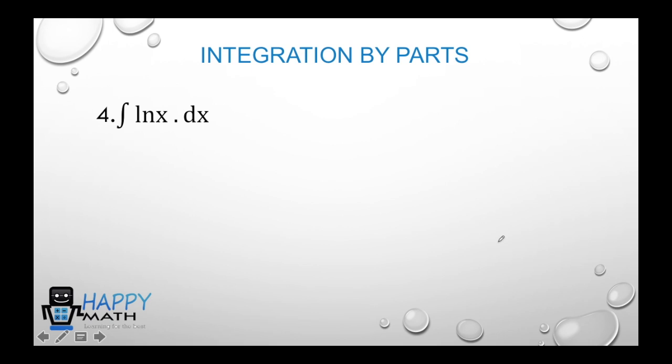Example 4, very easy to count. Now I don't need to change. I don't need to find another function because it's quite easier to see. Logarithm of x and dx are the two main functions, and apply integration by parts immediately.